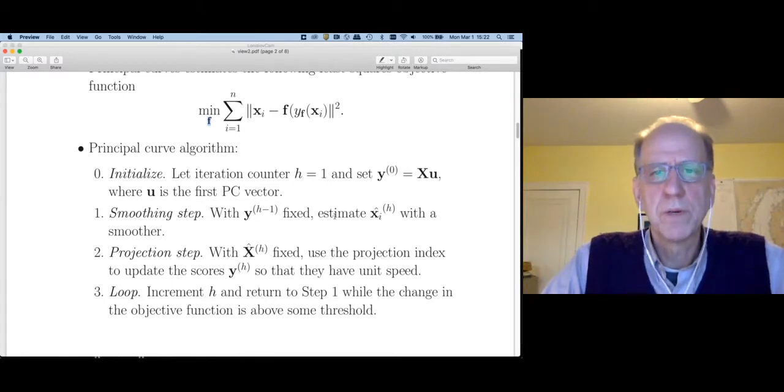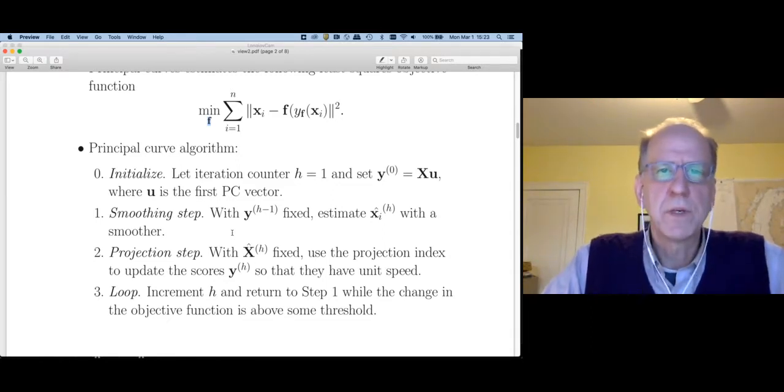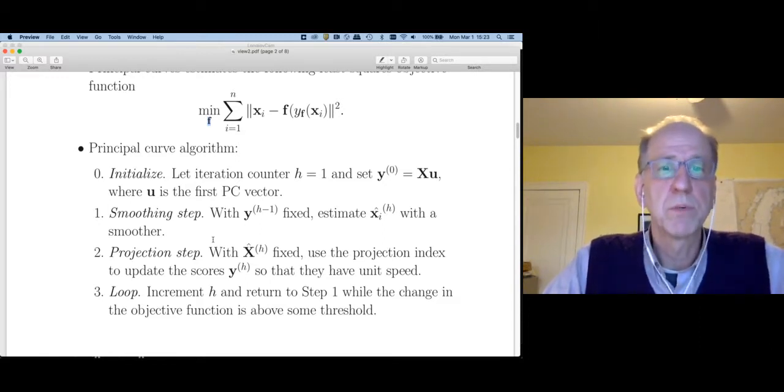With the curve fixed, then we reproject the x's onto that and we toggle between that until no change is realized. This algorithm has a close relationship to the power method of computing eigenvalues, and if we constrained our function to be linear, this algorithm would get us to the first principal component.